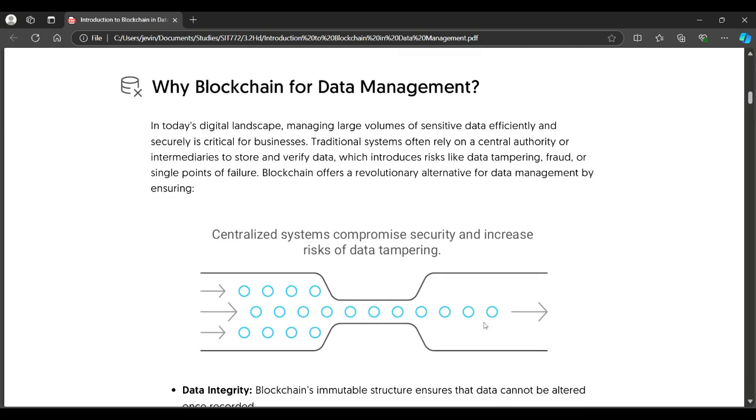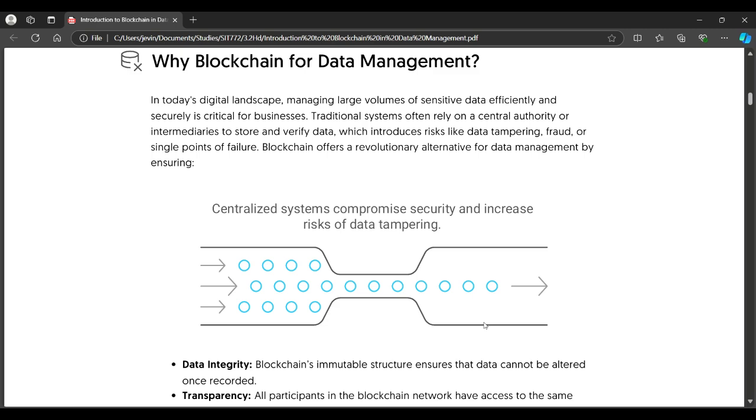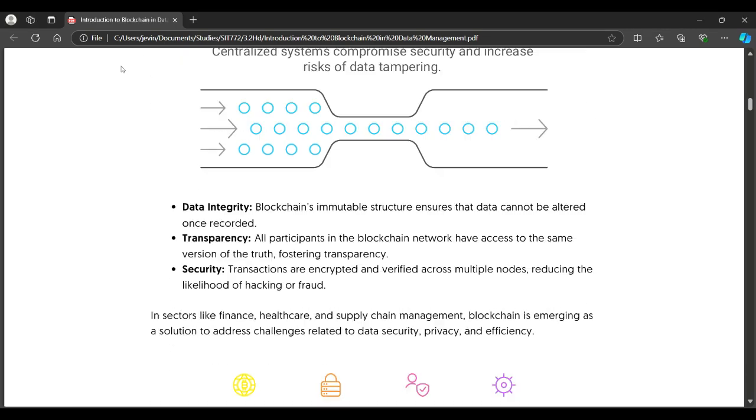If we use blockchain, we can reduce risk and increase security, such as data tampering, fraud or single point of failure, which can be managed and decreased by using this blockchain technology.